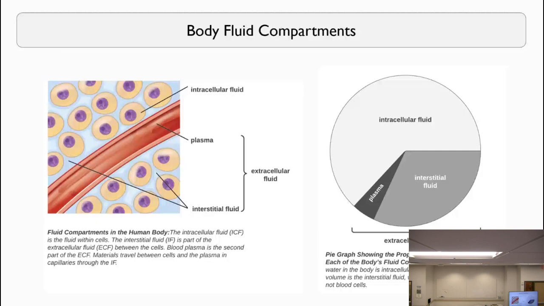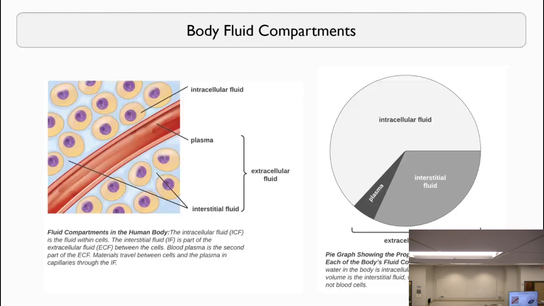All these inputs and outputs need to be matched. We don't have any excess or defect of a substance moving in and out. If we have excess of things going out, something wrong is going to happen. If we have excess of material going out and we don't replace it, also something bad is going to happen.